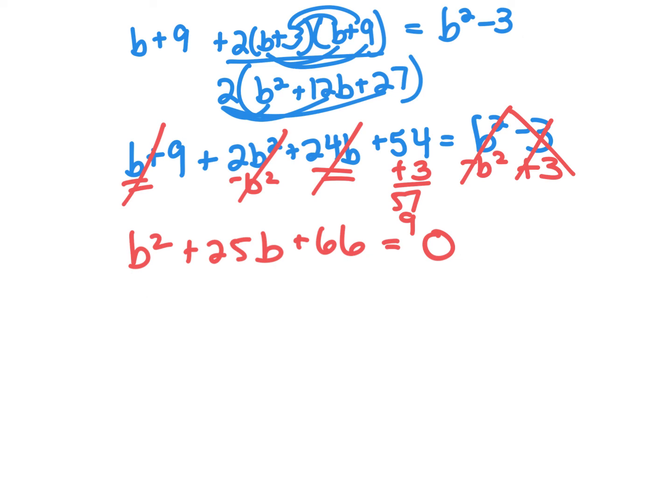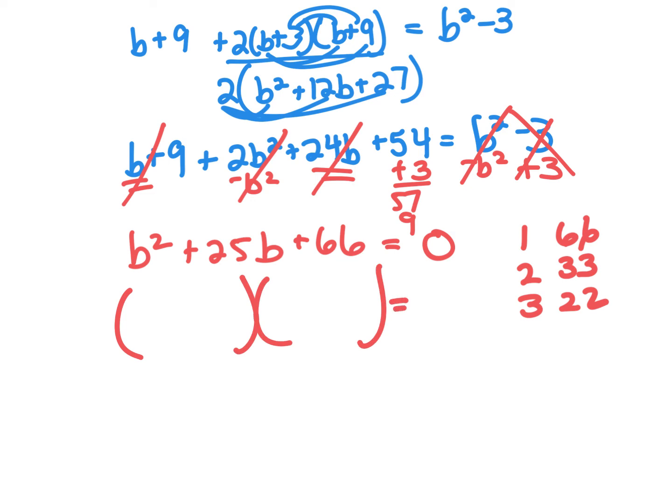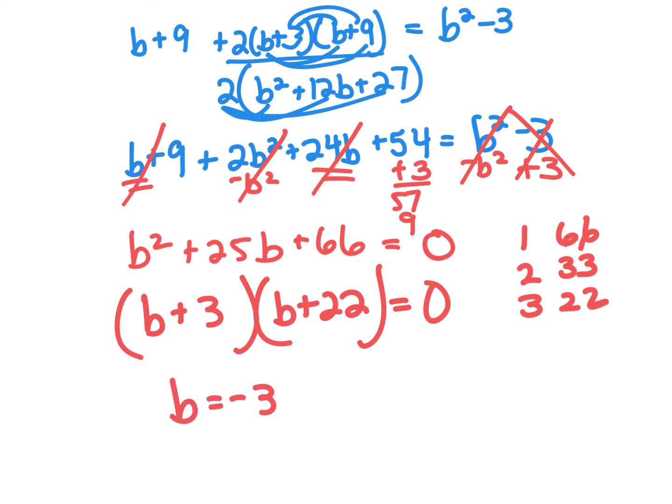Oh, yes, I do. Okay, so if we looked at the possibilities, it's going to be that 3 times 22. So we're going to factor this into b plus 3 and b plus 22. And then our answers will be negative 3 and negative 22.